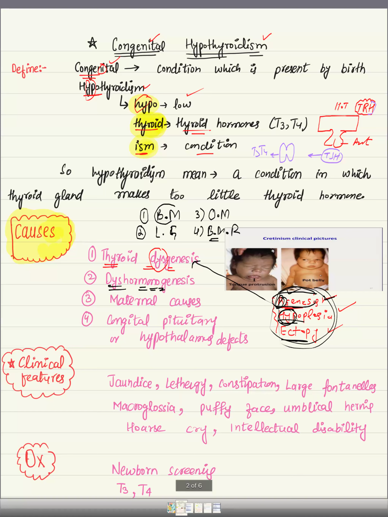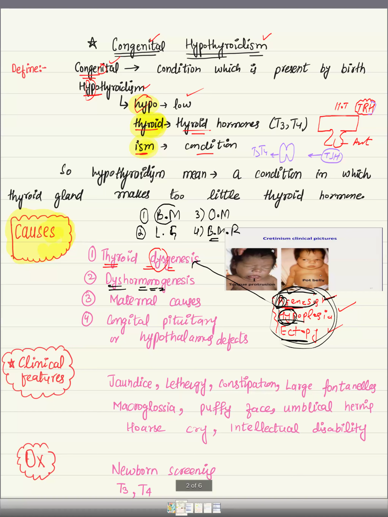These are the different drugs which can lead to different types of problems in the baby. So that's all about dysharmogenesis. These are the two important examples which you have to remember: thyroid peroxidase deficiency, and the example of drugs.